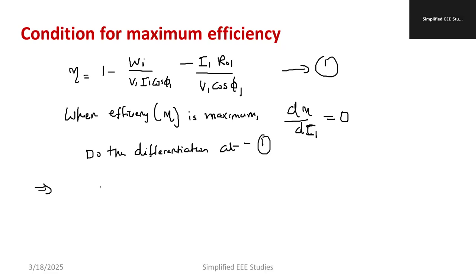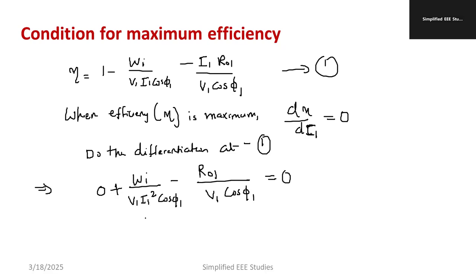The first term becomes 0, correct? So 0 minus, the second term becomes Wi divided by V1 I1 square cos phi 1, minus R01 divided by V1 cos phi 1, that is equal to 0.